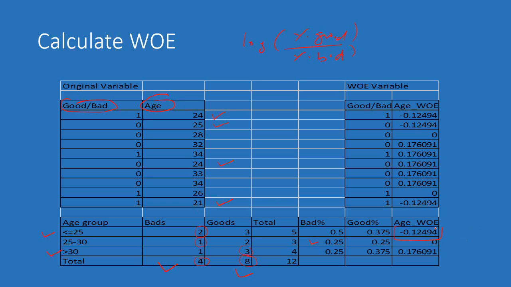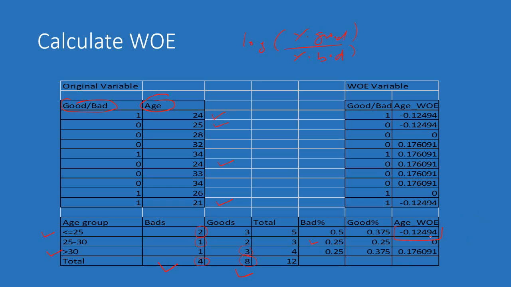Instead of having 12 observations, we now have only 3 distinct values. So we have grouped the variable into 3 different categories, or 3 different discrete values. And why do we do the grouping? We will talk about it in a subsequent video in this playlist.